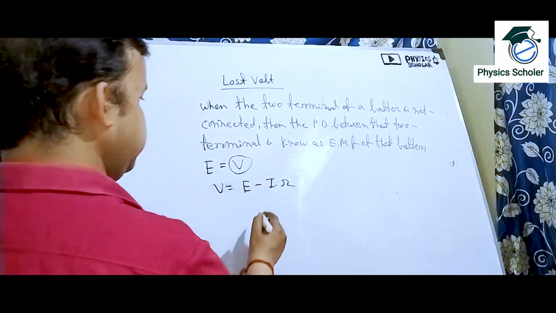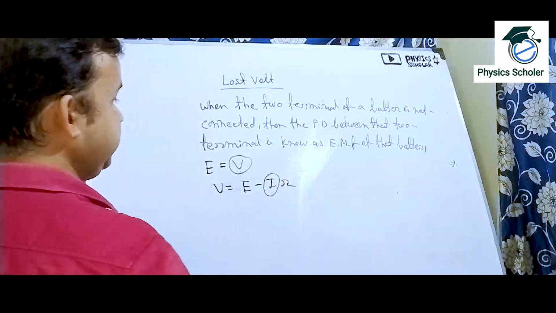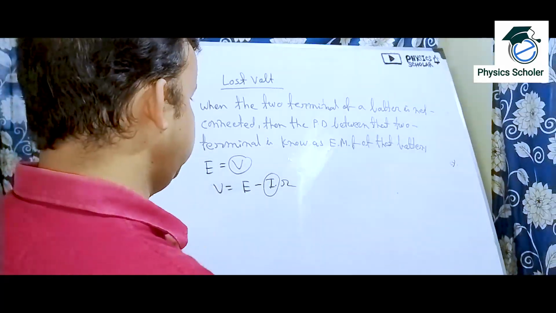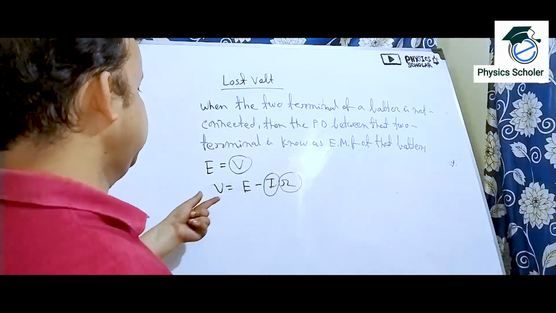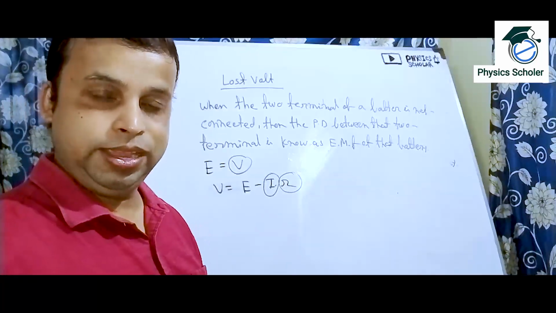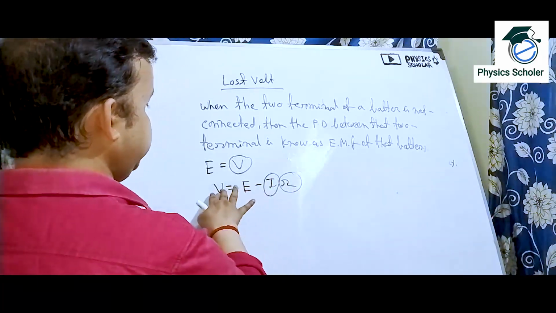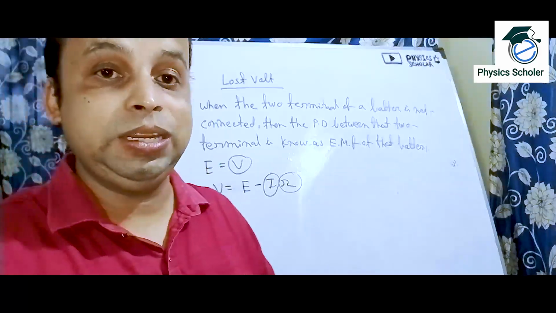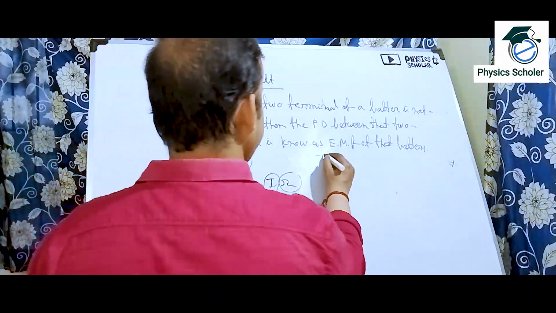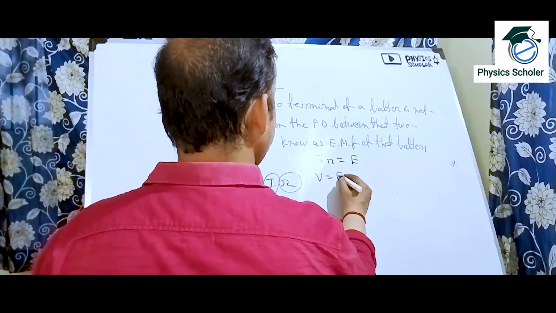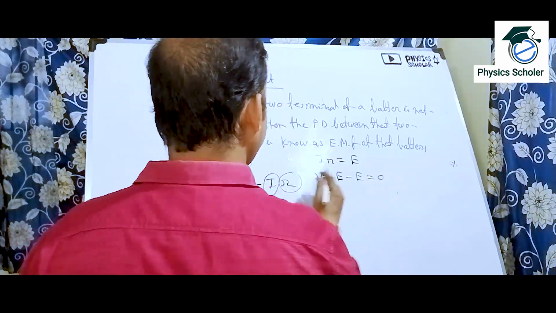See, if the value of small r increases, then V will decrease. When I into r will be equal to E, then V is equal to E minus E. That means V will be 0.